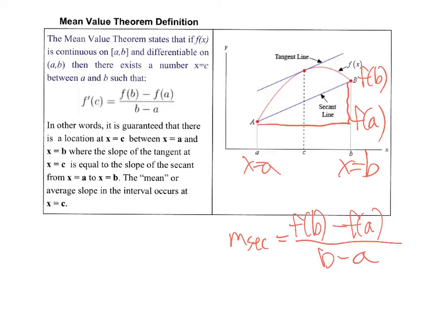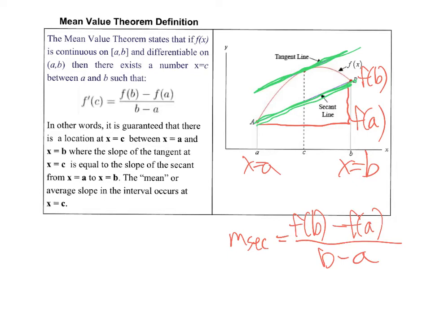And what the mean value theorem tells us is that there must be a location on the curve with the exact same tangent slope as that secant slope if the curve is differentiable. Okay, continuous and differentiable, but differentiability implies continuous. So that's the mean value theorem.